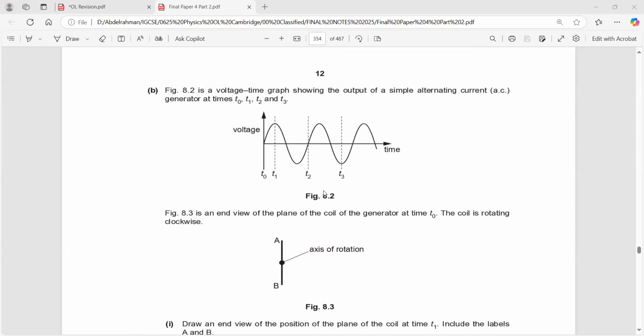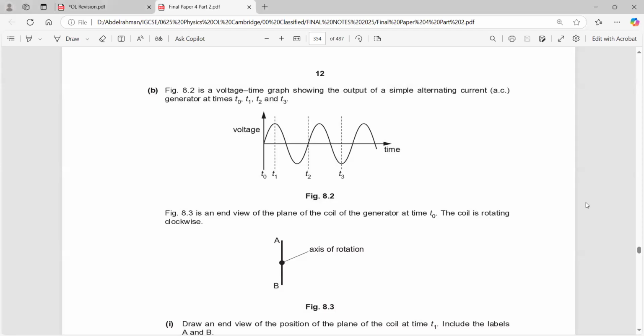Have you all opened it up? Let's check out this question. This is an interesting question.